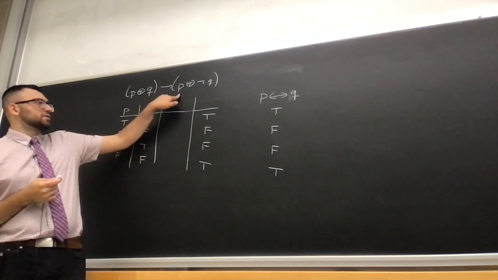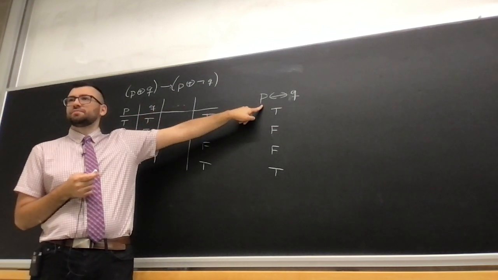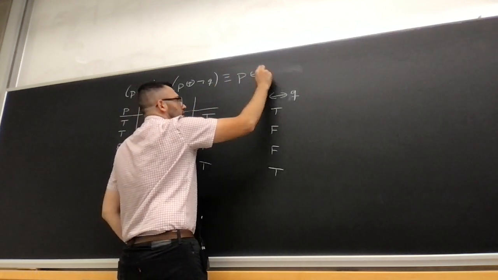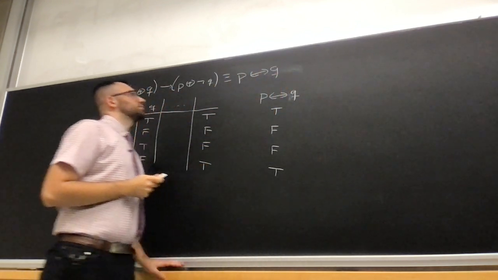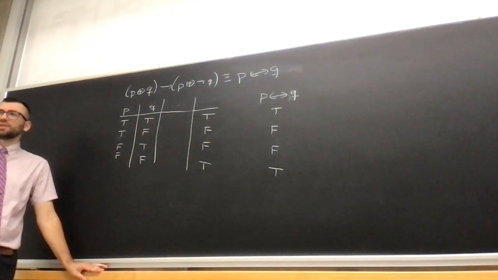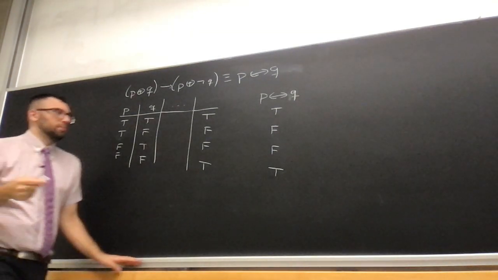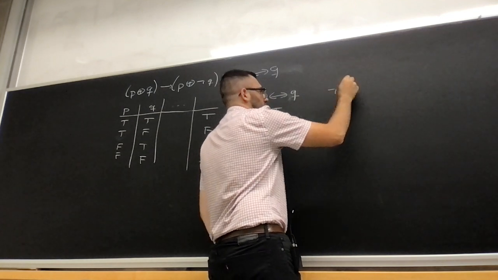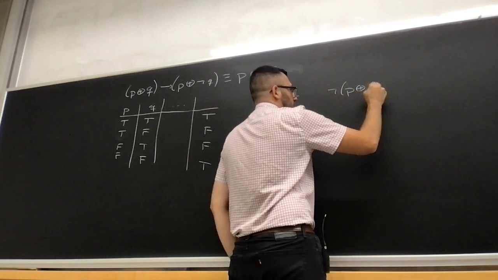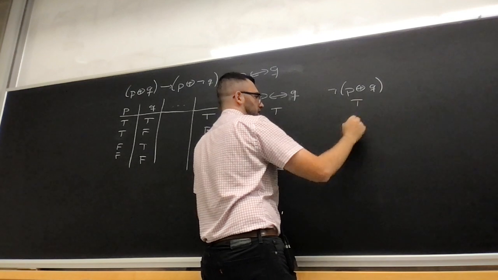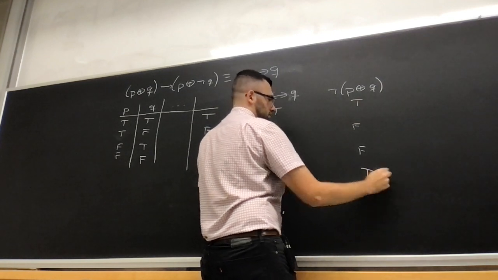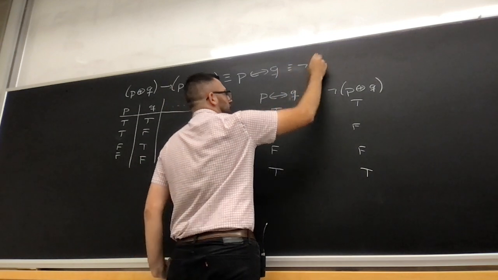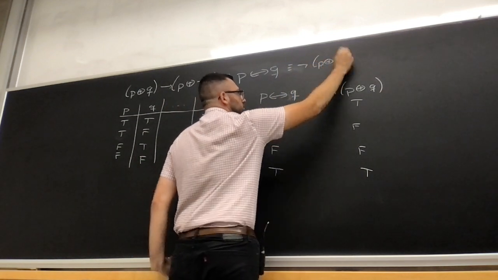So the end result of this was the same as this, which means these two are identical. Does that make sense? If you were also keen, you might have noticed that this is the negation of P XOR Q. So this is the same thing as the negation of P XOR Q.